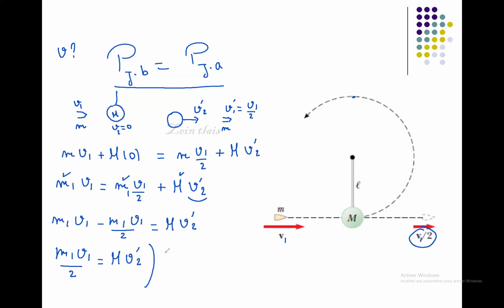So we can write V1 equals 2 M over m times V2 prime.